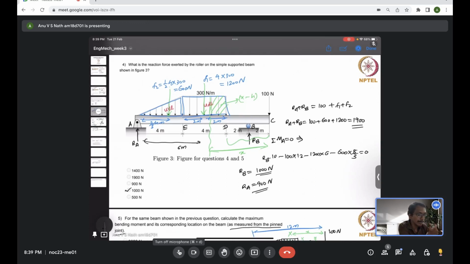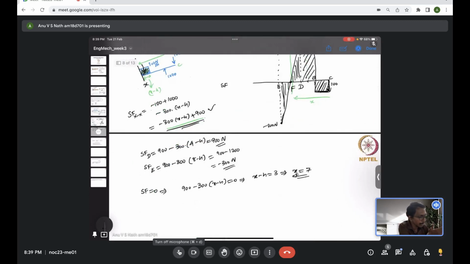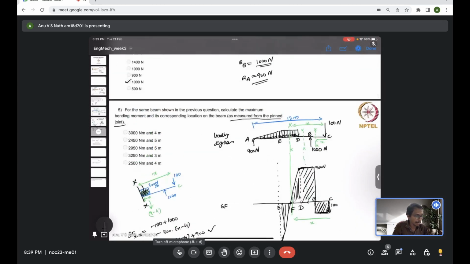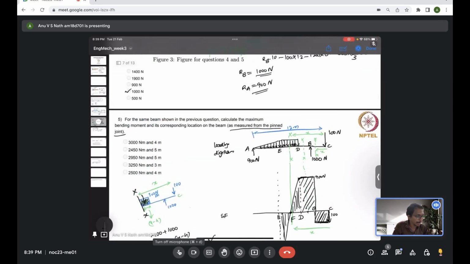If you subtract from 12, you will find the same length measured from the other end. So measured from A, the point F is 12 minus 7 units apart, which is basically 5 meter. So measured from the end A, 5 units apart, we will find the point F, where the shear force vanishes and correspondingly the bending moment will be maximum.